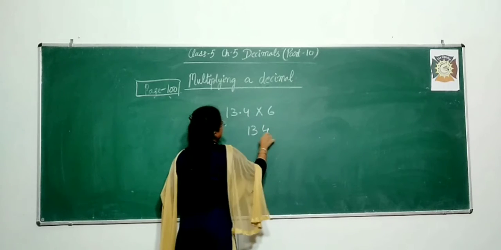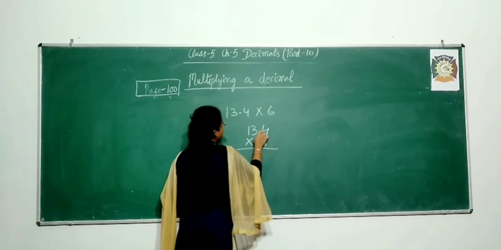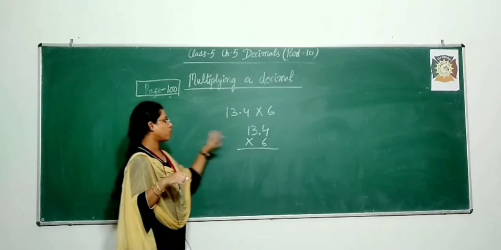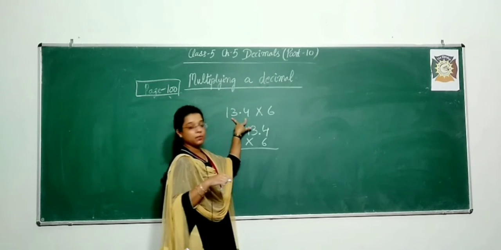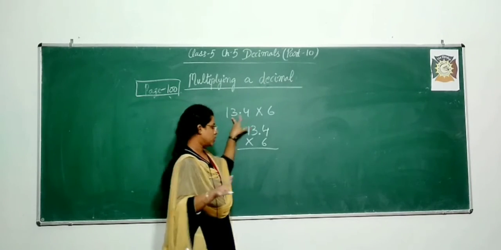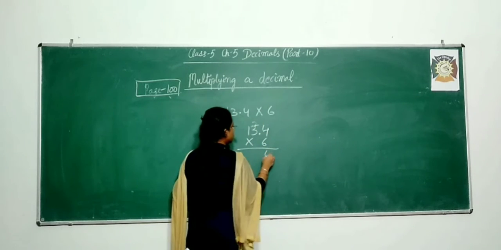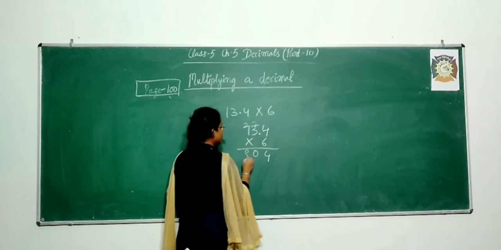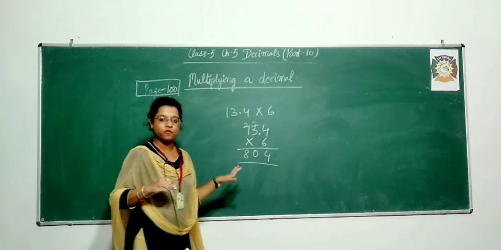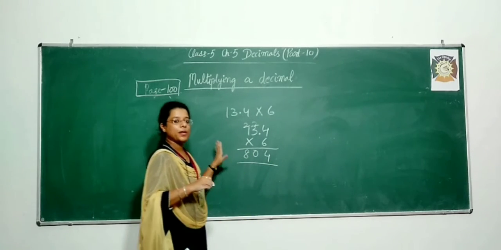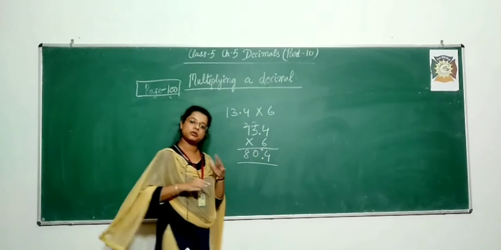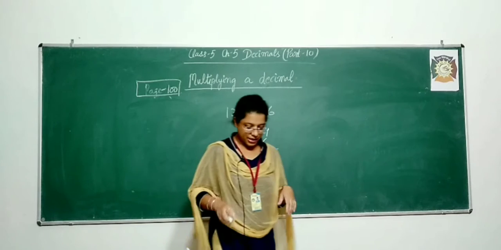Simply you will multiply and you will place a decimal point after one position from the right, because in the question you are given a decimal number having 1 decimal place. 6 4s are 24, 6 3s are 18, 18 plus 2 is 20, 6 1s are 6 plus 2 is 8. So 804 is your product, and you will place a decimal point at 1 position, so it will become 80.4. Right?